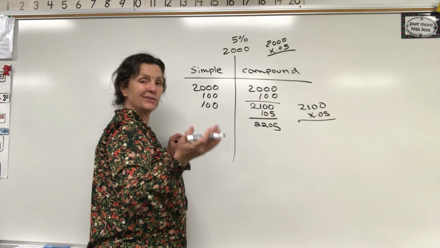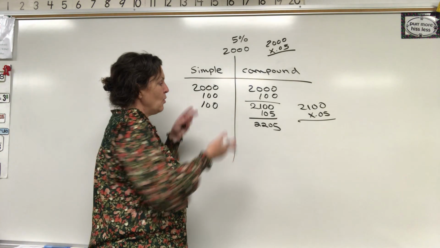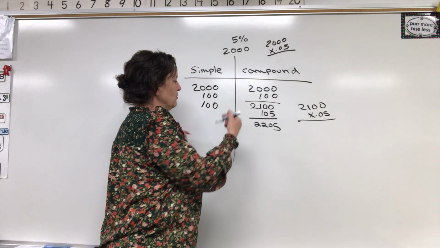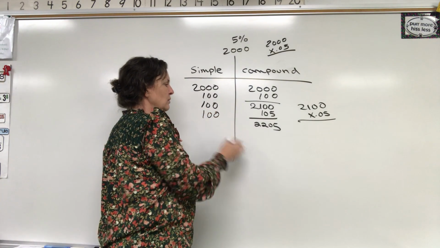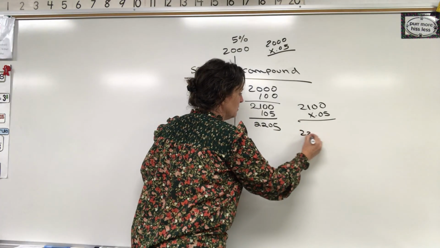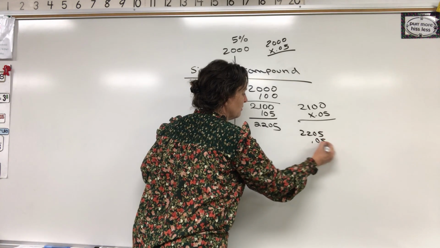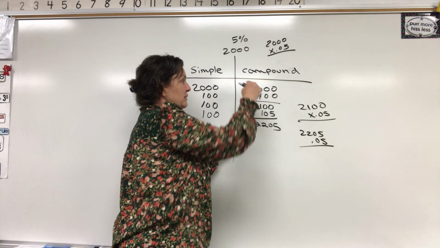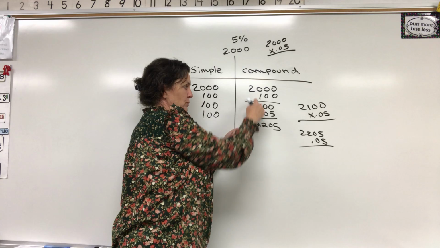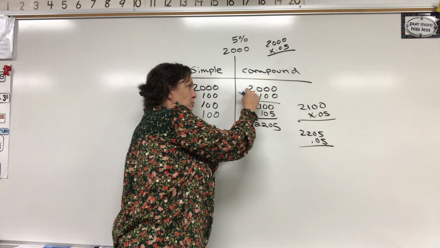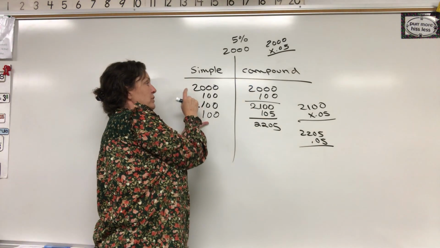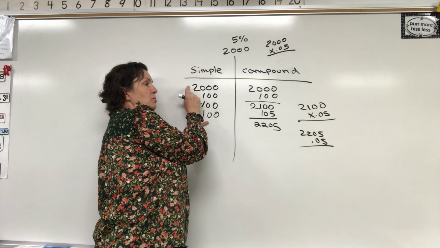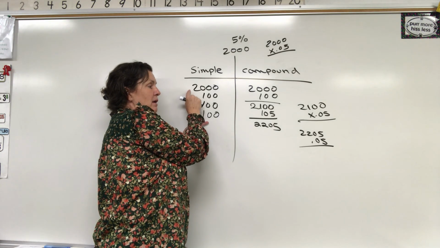And I know you're like, who the heck cares? It's only $5. Well, if you keep doing this, so they get their next 100, you get 5% building on the principal and your interest. You build on principal, interest, and interest, whereas this person only builds on the principal, the original amount that they put in the bank.